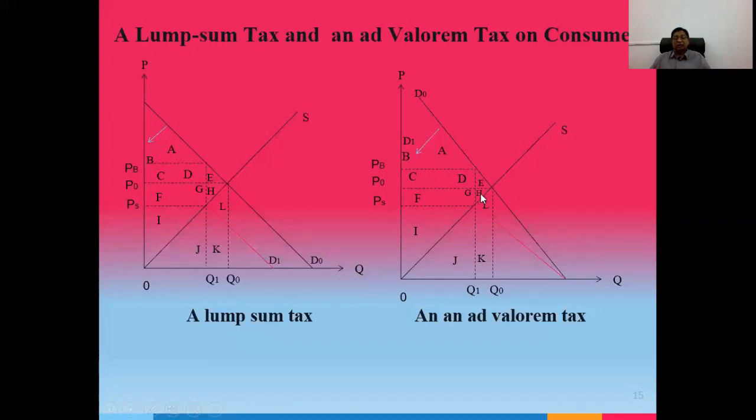E and H. Again, it is measured when you subtract the reduction in consumer surplus and reduction in producer surplus from the government tax revenue.